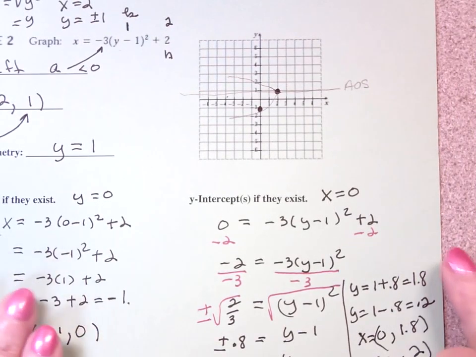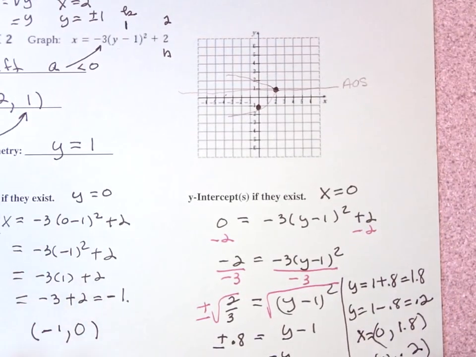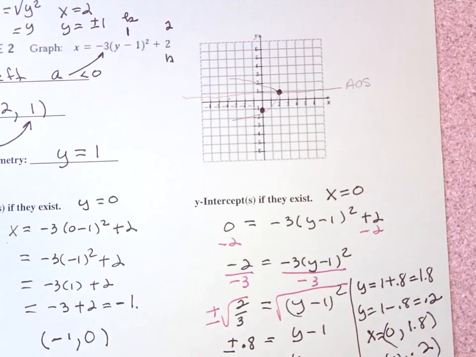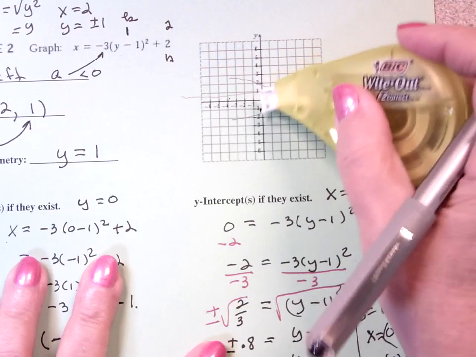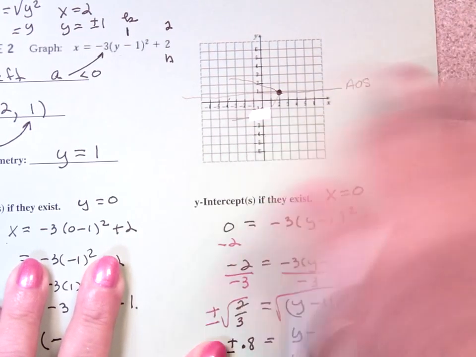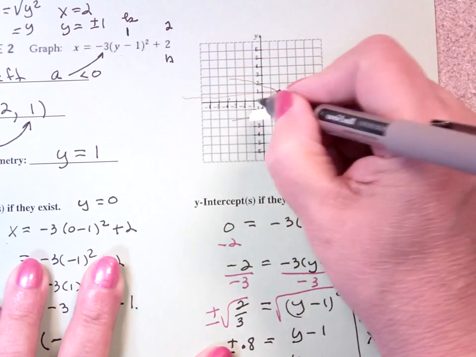And now you might notice something. I have a coordinate point in the wrong place. What do you see? What did I do? I did 0, -1, it should have been -1, 0, so out comes the white tape. It should have been -1, 0.